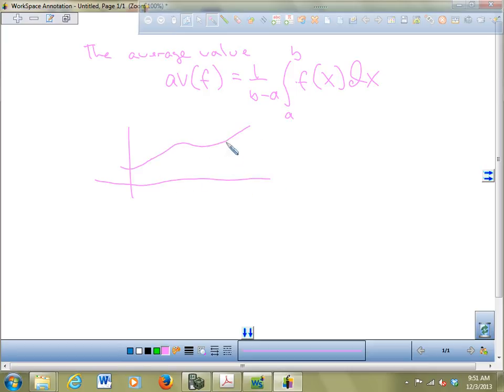So say for instance, here's a and here's b, and the integral gives you the area underneath that curve, right? Well, the average value is the value. Let me draw it over here.